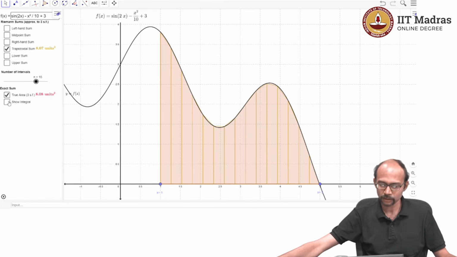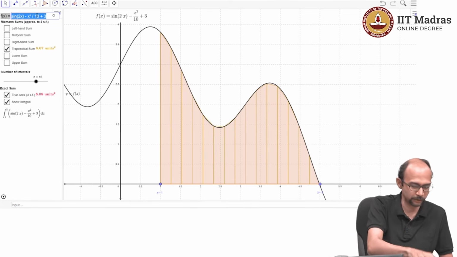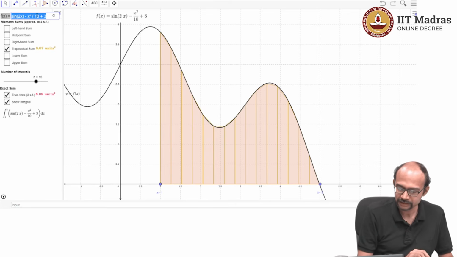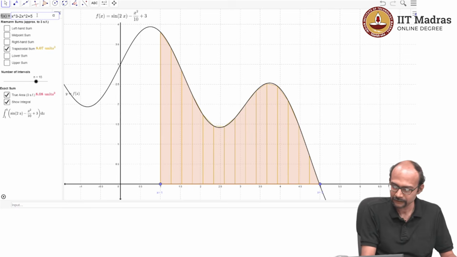And then there was something here called show integral. So here is what the integral is, and that is what we are going to see in the next slide. Maybe before going there, let us change the function. So just in case you think I am doing this for some special function, let us change the function to some other function that you might feel is more interesting.